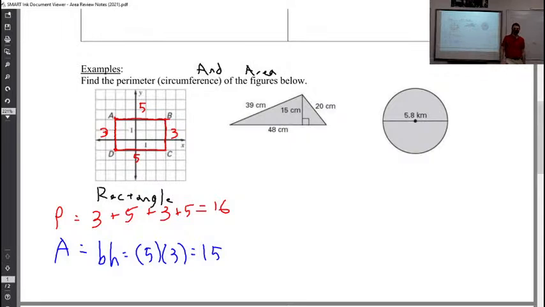10 seconds. Come up with a name for that shape. All right, time's up.